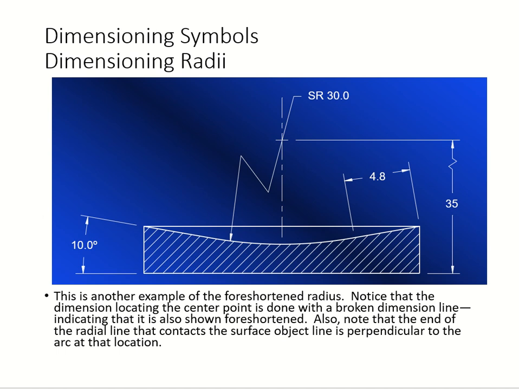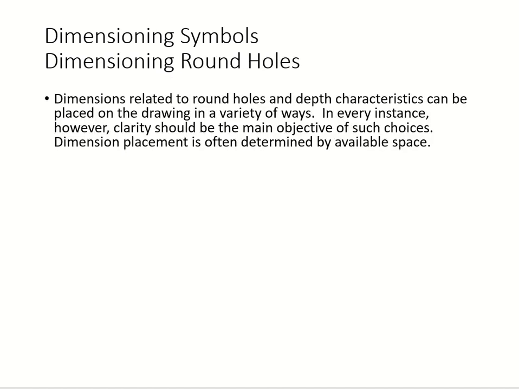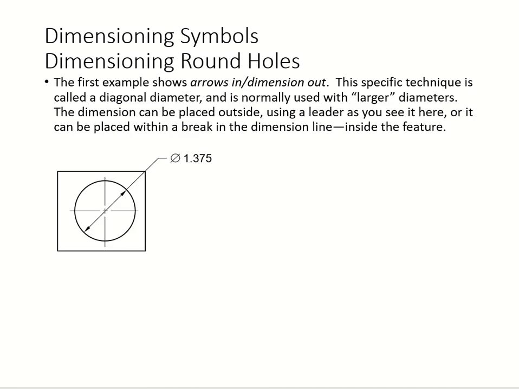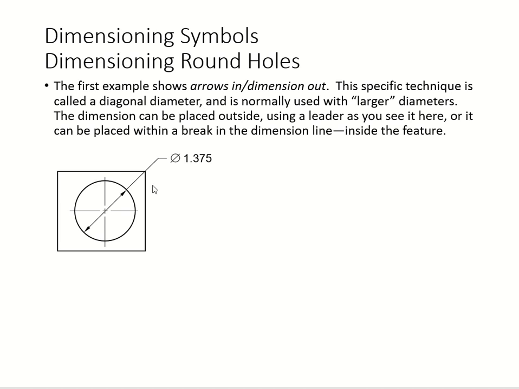Okay, next one. Now we get into the round holes and the depth characteristic. Here we have the arrow in and dimension out, and we call this dimensioning technique a diagonal diameter. This is your diameter, and that's your diagonal line.